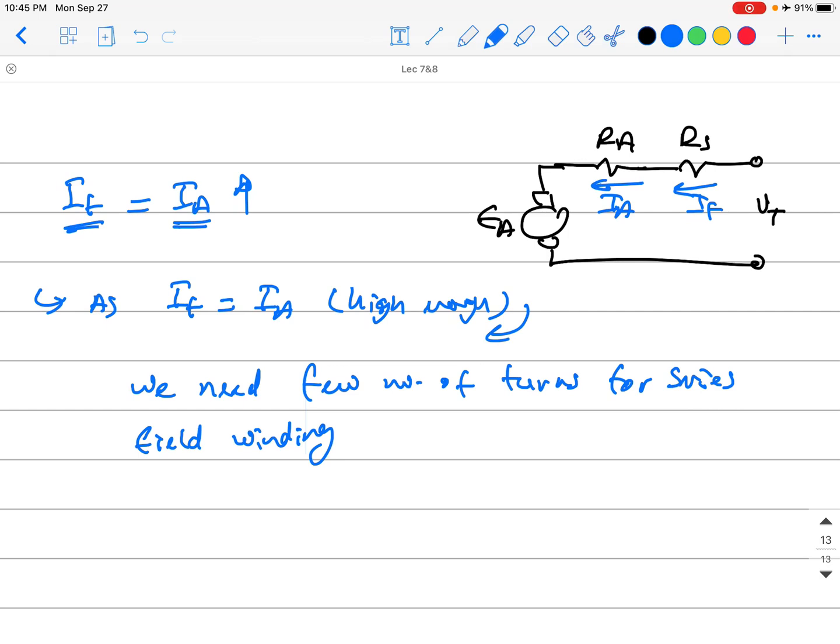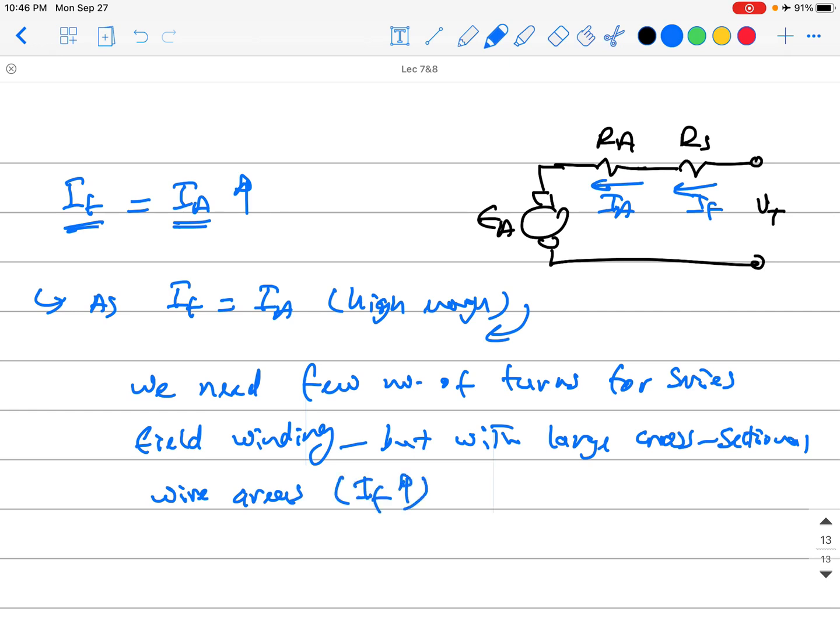So for a series connected field, we just need a few number of turns, but with a large cross-sectional wire area. Why? Because the current is high, and if you have high current, you need a high cross-sectional area to accommodate it.